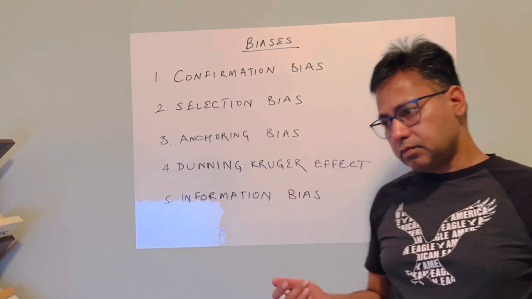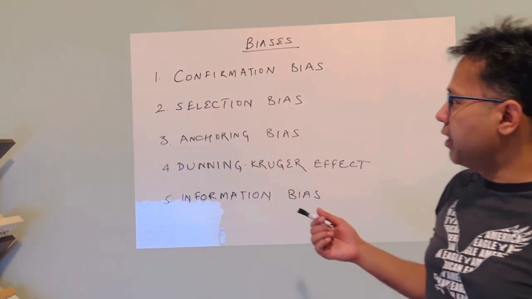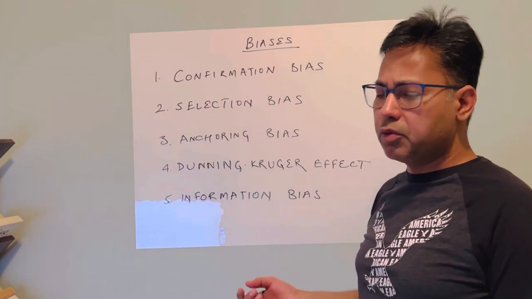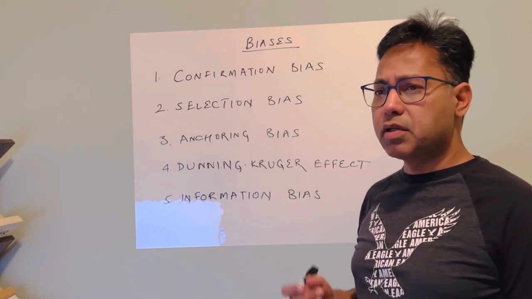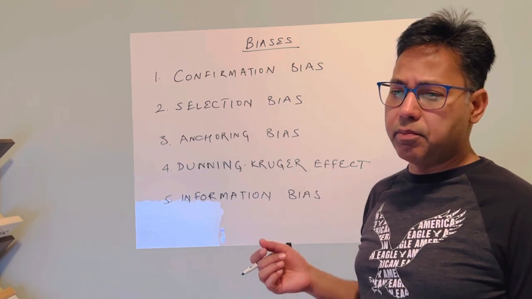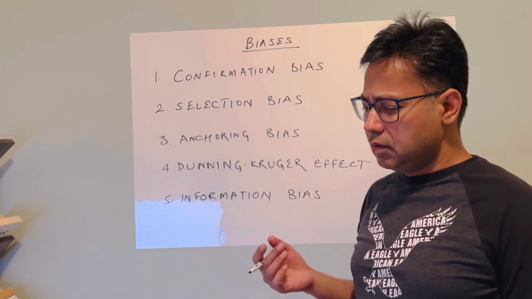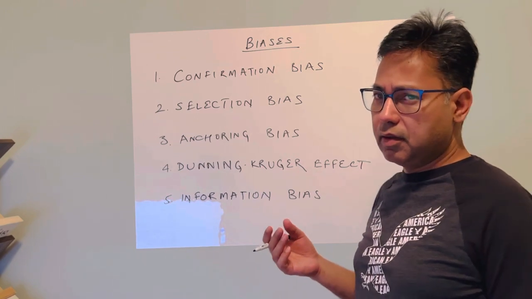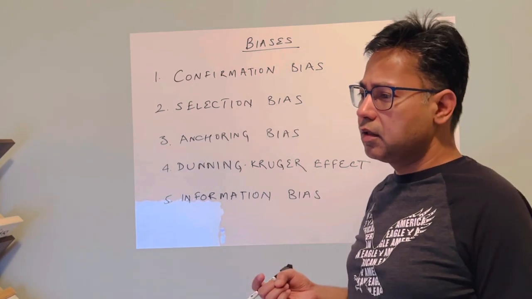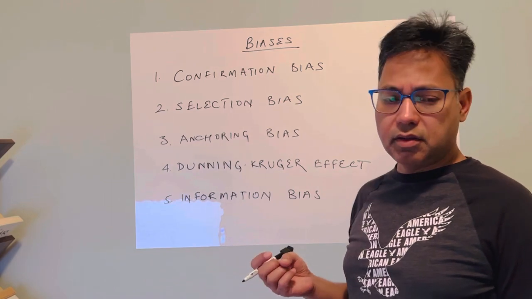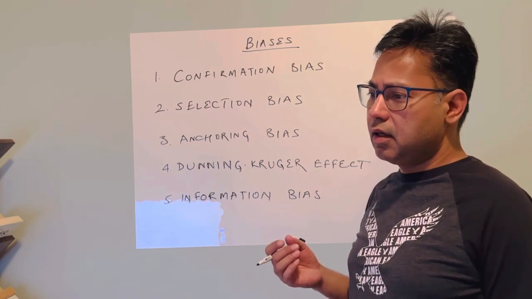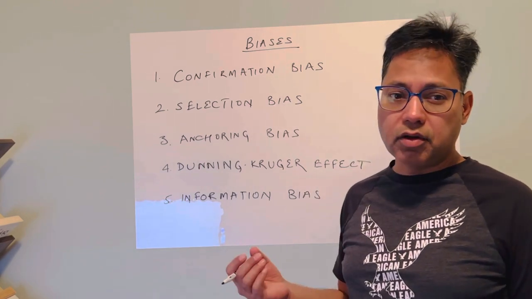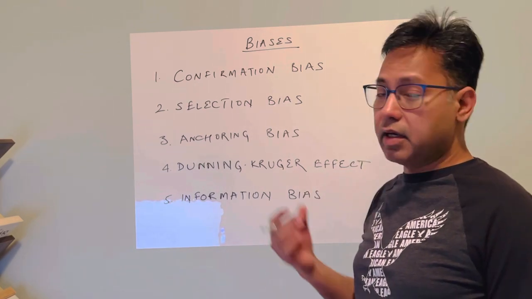So the second type of bias I would say is called selection bias. This is a fairly simple one to understand. It's essentially about noticing things more when something has happened to us. We start noticing that more in our day-to-day life.